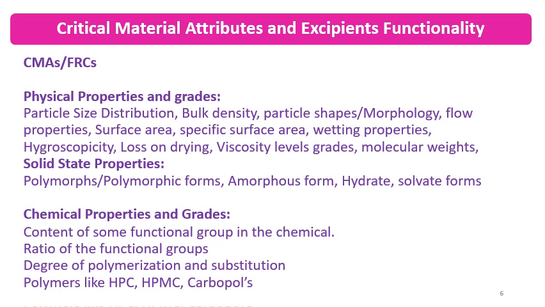Some chemical properties are also CMAs and FRCs: content of some functional group in the chemical, ratio of functional groups, and degree of polymerization and substitution. If you work with polymers, certainly you will know the grades of the polymers are based on the functional groups, the substitution levels and the polymerization. Polymers like HPC, HPMC and carbopols are used widely in pharmaceutical formulations.